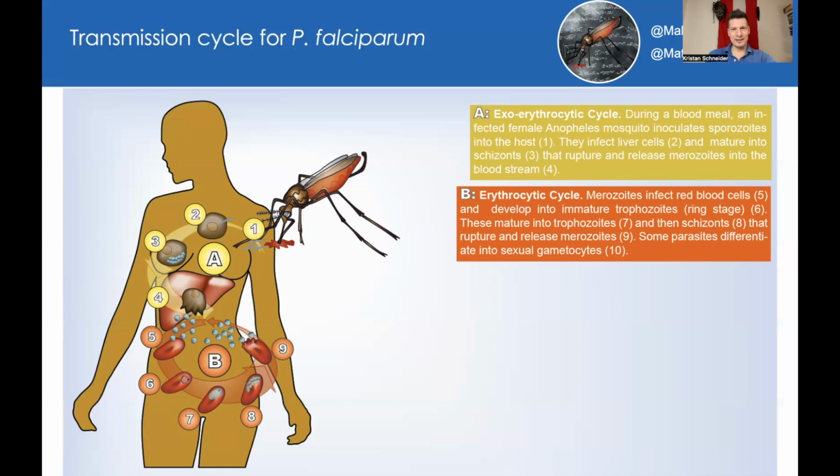One of these cycles takes approximately 48 hours or 2 days, which causes the characteristic fever cycles of malaria.